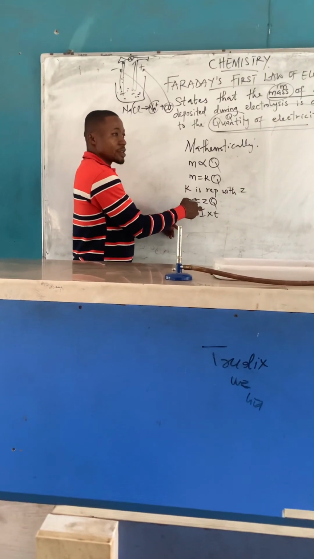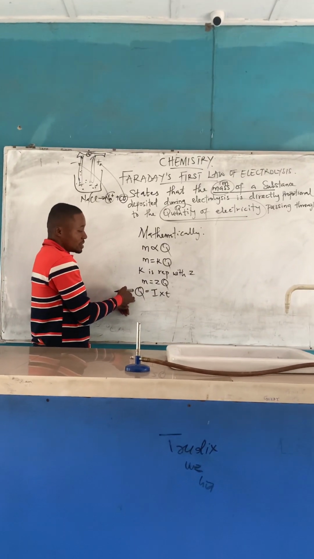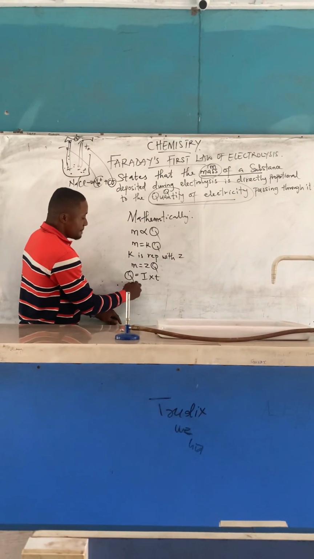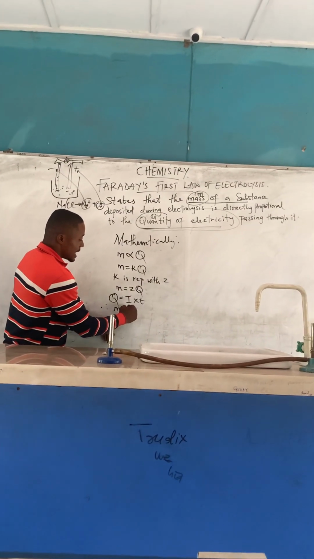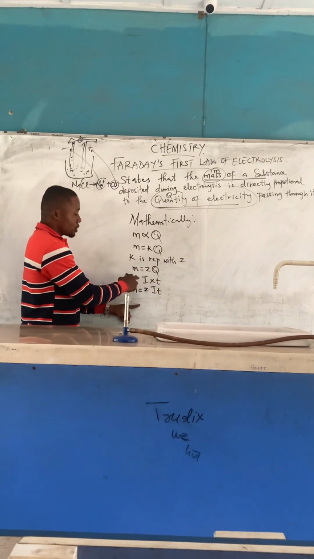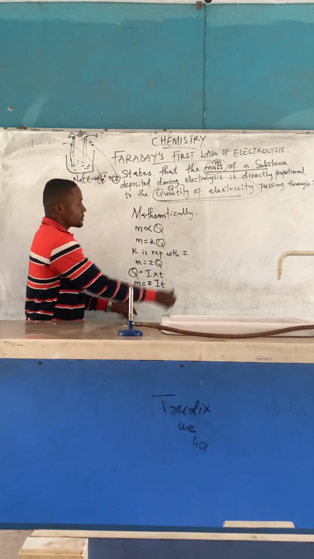So you multiply the current and how long it's taking for that current to pass. That will give you the quantity of electricity. So we can therefore say M is equal to ZIT. This IT is the same thing as saying Q, because Q means I times what? T. Now this is our first formula.